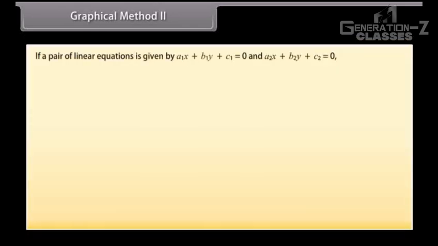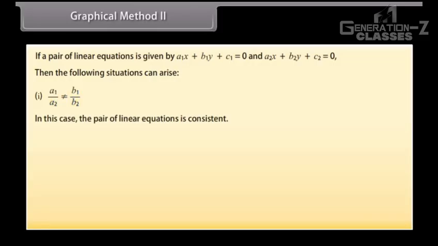Graphical method 2. If a pair of linear equations is given by a1x + b1y + c1 = 0 and a2x + b2y + c2 = 0, then the following situations can arise. 1. a1/a2 ≠ b1/b2.